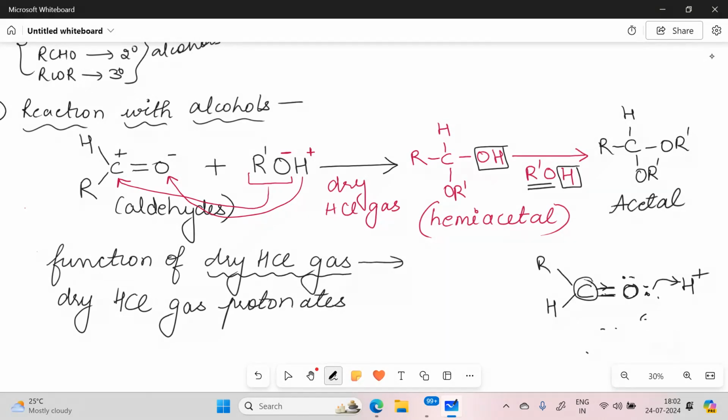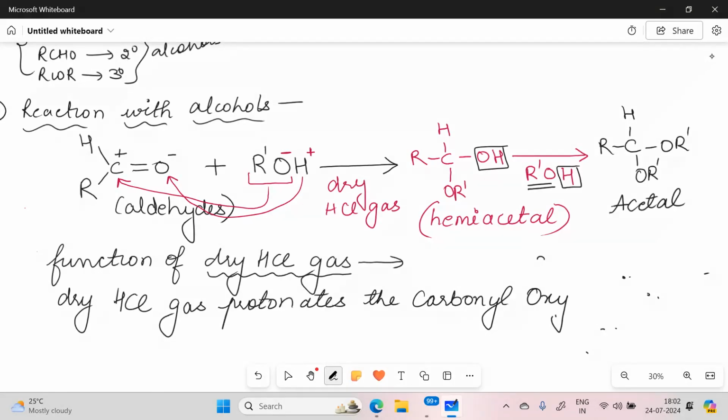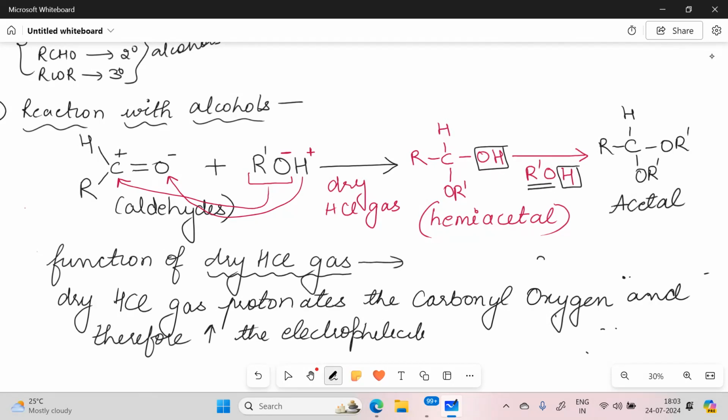Okay, fine. Now note it down. Dry HCl gas protonates the carbonyl oxygen and therefore increases the electrophilicity of the carbon. If you feel this word electrophilicity is very heavy, you can write positive charge.